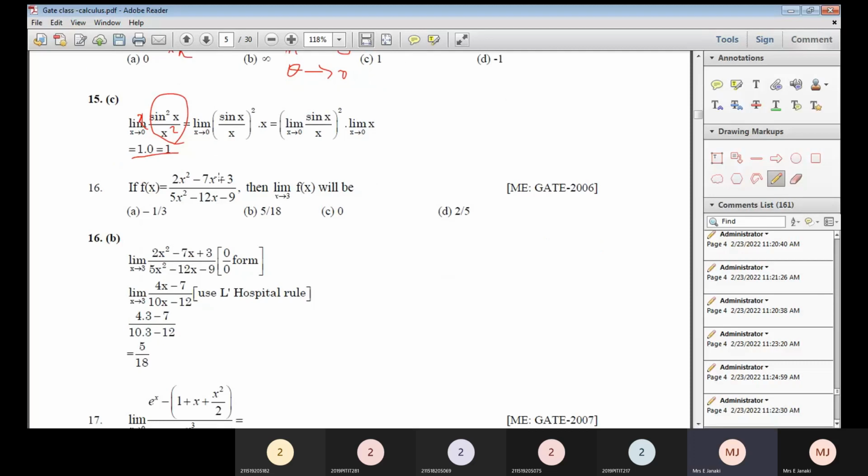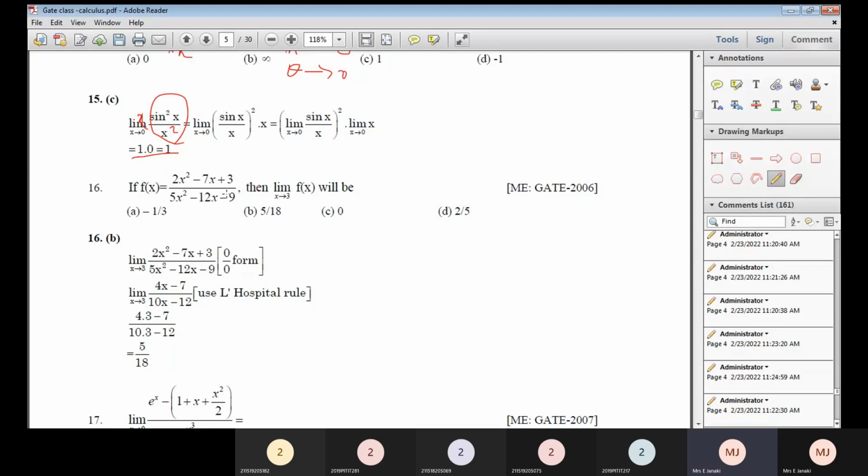And come to the next problem. So f of x is equal to 2x square minus 7x plus 3 divided by 5x square minus 12x minus 9. Apply the limit x tends to 3 for the function f of x. When I'm substituting directly, we cannot cancel any term here because there is no common term.